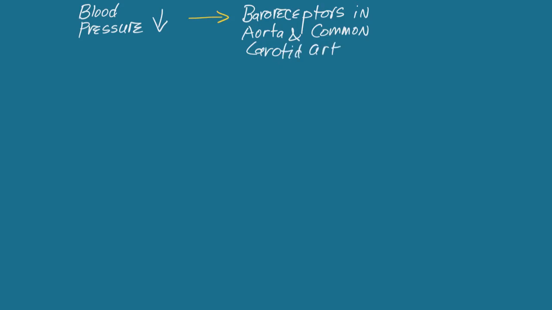They sense that there has been a drop in blood pressure. So these receptors are activated, and they in turn send messages to the medulla oblongata, which gets activated as well. That's why you see the plus sign. It means activated.